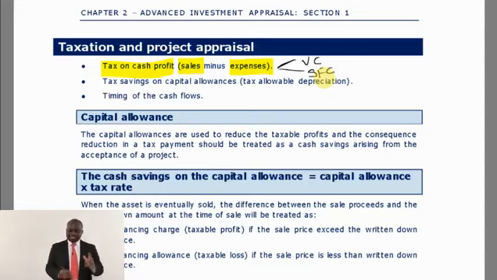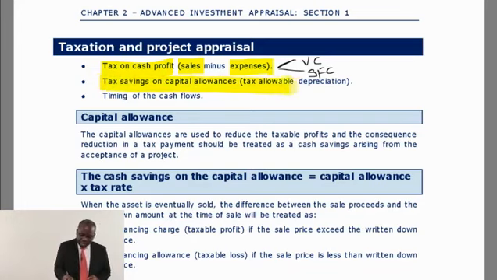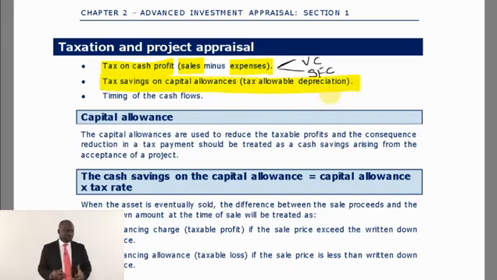Okay? Then the second thing you need to remember in tax is how to sort the tax savings on capital allowances. And then the last one is, because we are dealing with cash flows, we are interested in receipts and payments. When is the money expected to be received and when is the money expected to be paid?